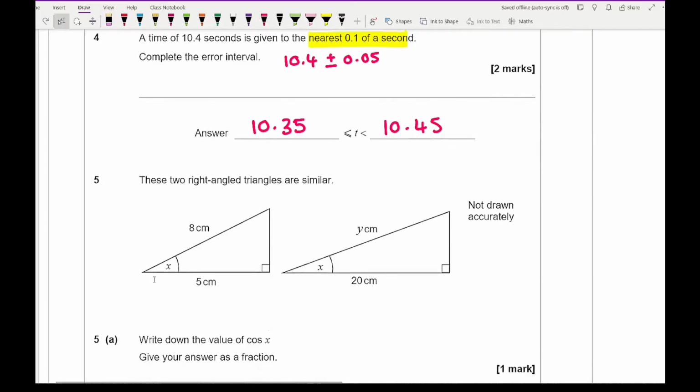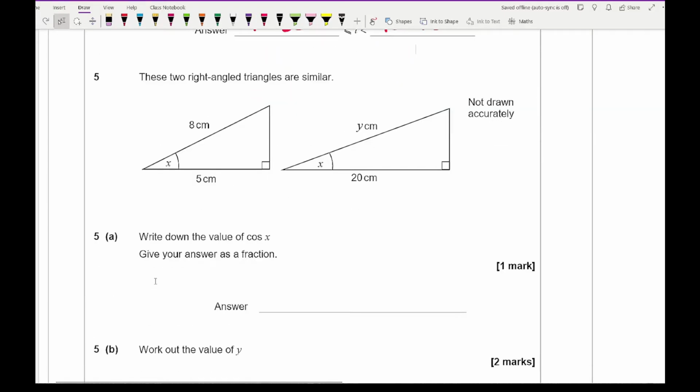Moving on to question 5, it says these two right angle triangles are similar, the key word there being similar. Question A says write down the value of cos x, give your answer as a fraction. So using this first triangle, which I'm going to call A, knowing that we've got trig, if I label the elements, I've got theta equals x, this is the hypotenuse, and this is the adjacent.